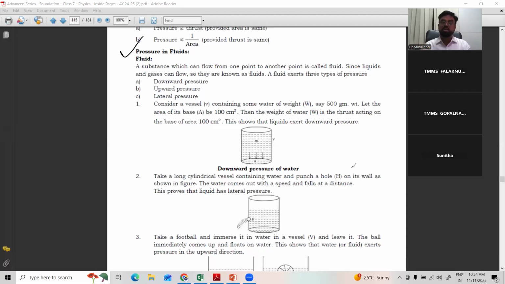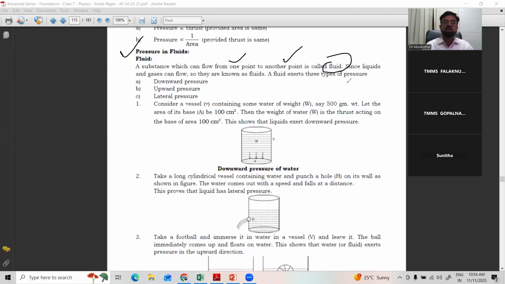That's why liquids and gases together are called fluids. It is a very big chapter; in higher classes also you come across fluids. A substance which can flow from one point to another is called a fluid. Some liquids and gases can flow, so they are known as fluids.